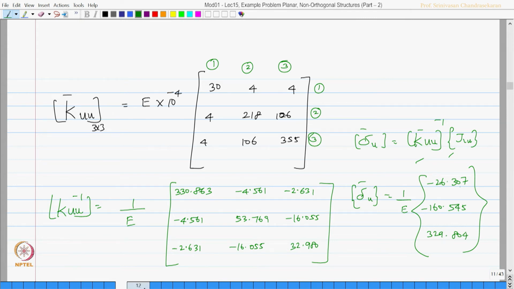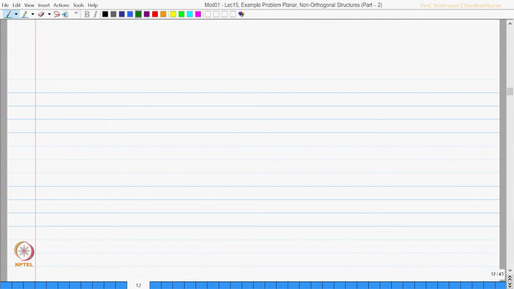Now, I can interpret delta bar AB as, AB has 6 degrees of freedom. So, the values will be 0, minus 26.307, 0, minus 160.545, 0, 329.804.